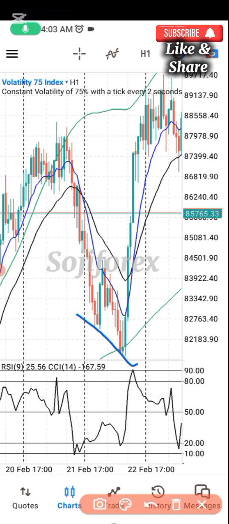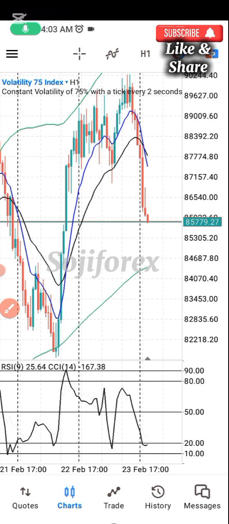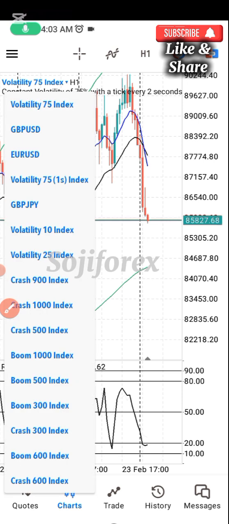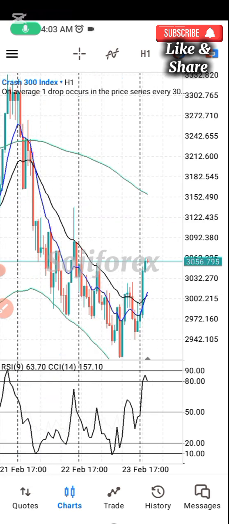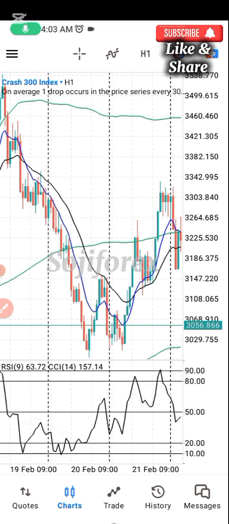You can see this and this. We're testing the Middle Bollinger Band, giving us a bullish engulfing candle, a divergence. Oh my God, I am enjoying the teaching alone. Then how much more when it comes to executing the trade?